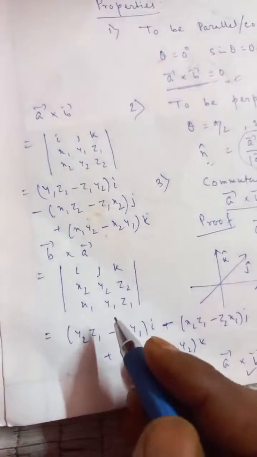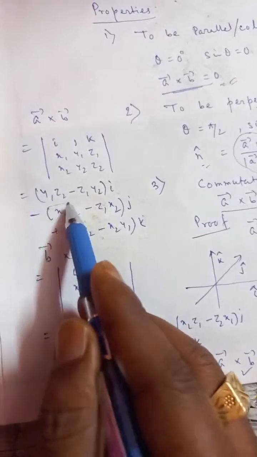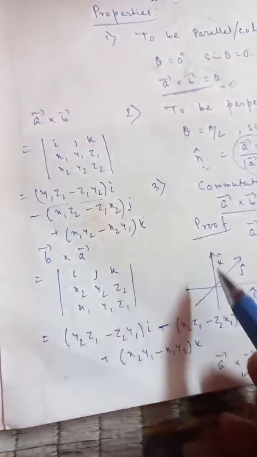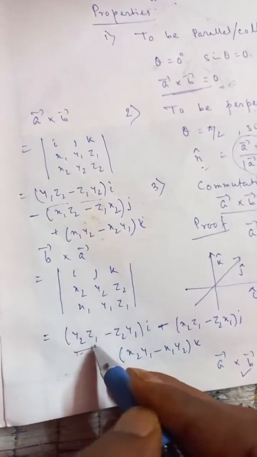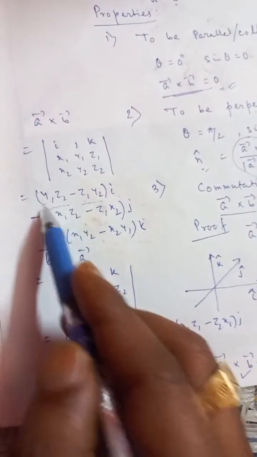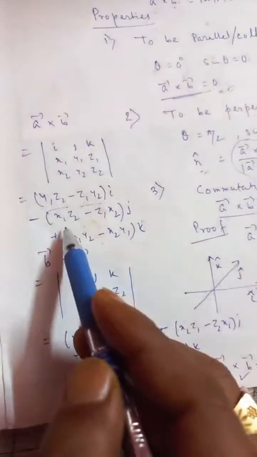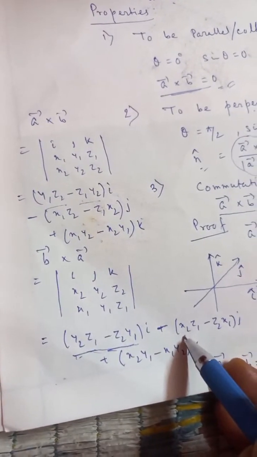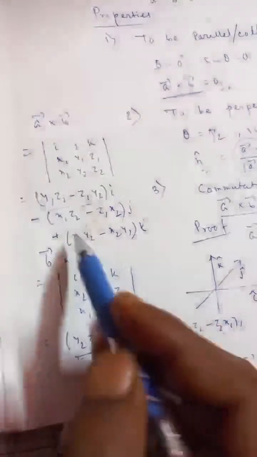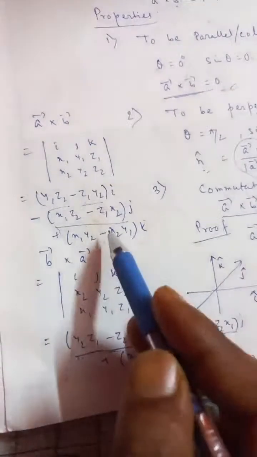If we rearrange, we can see that we have to take a negative sign to arrange the i component. Here also, for the j component, we have to take a negative sign to make both equal.